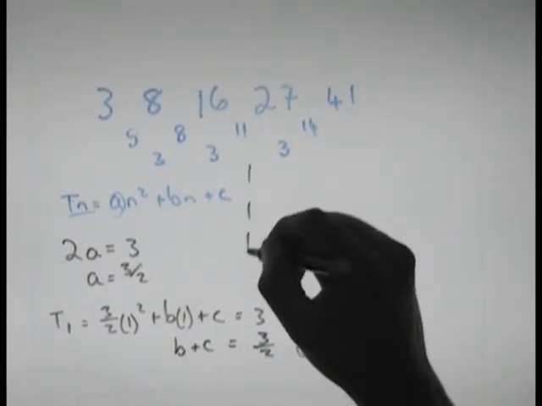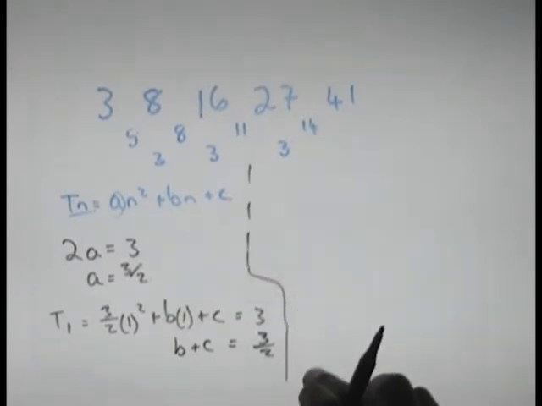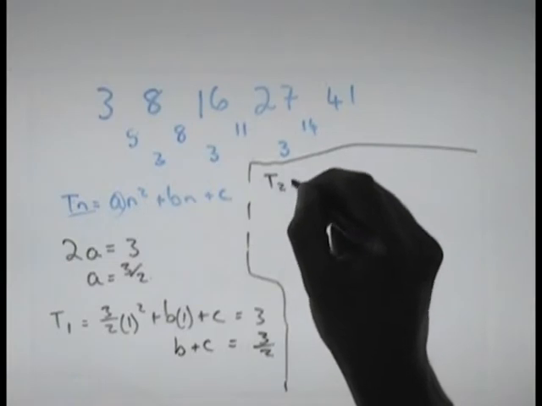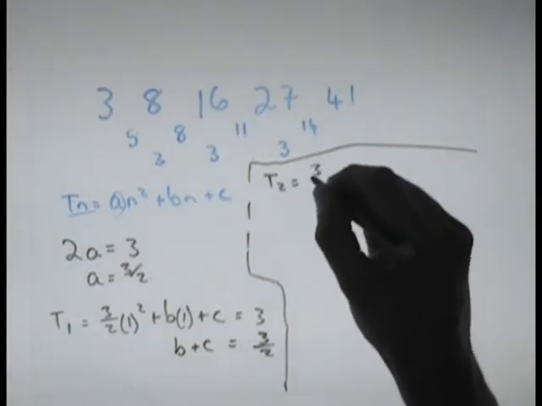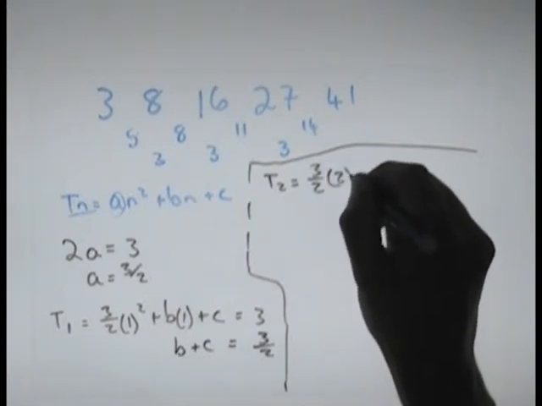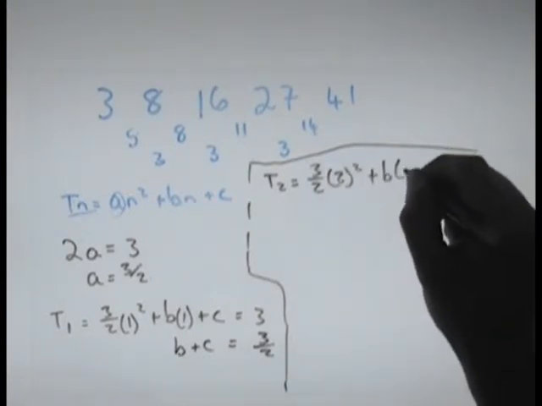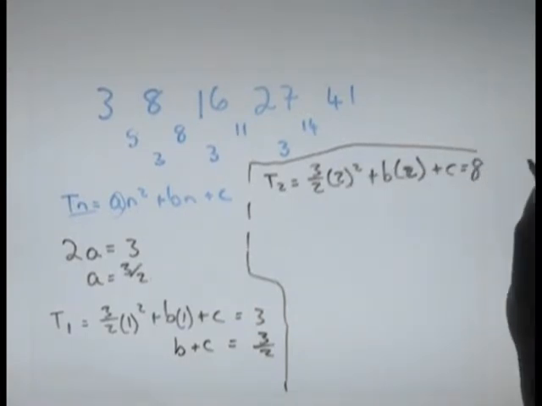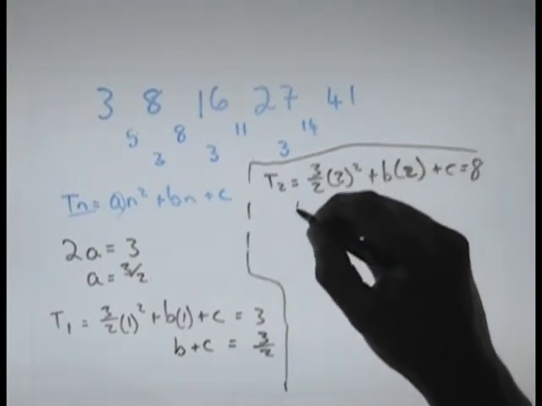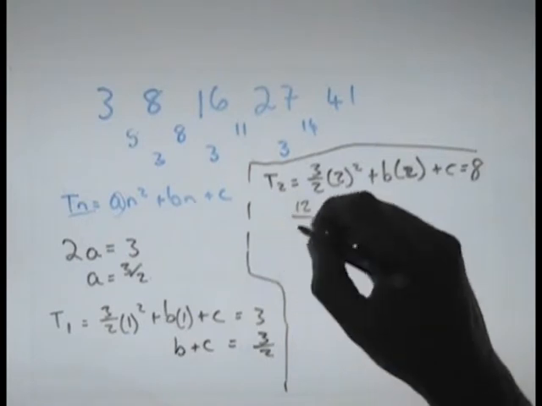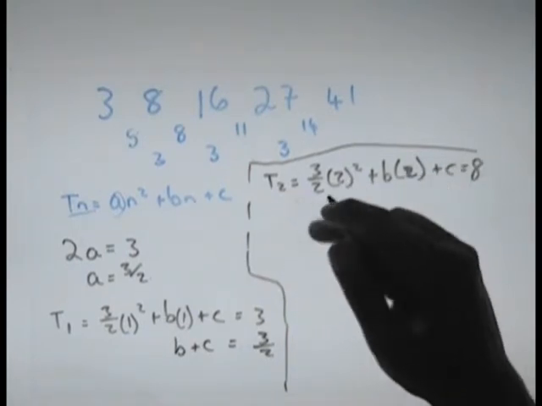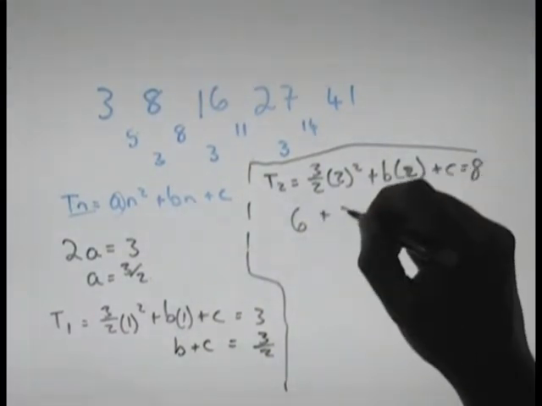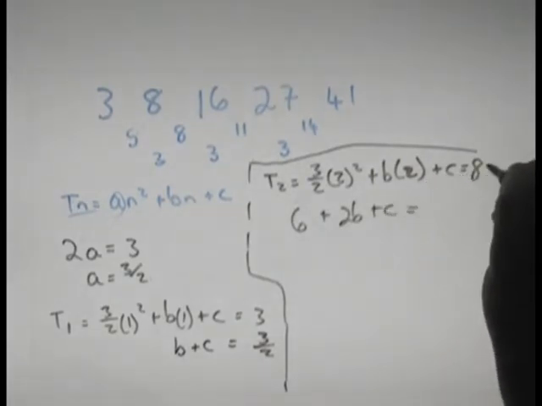To get our second equation, we're going to say that term 2, which is equal to an squared plus bn plus c, term 2 is equal to 8. 2 squared is 4 times 3 is 12 over 2, which is equal to 6, plus b times 2 is 2b plus c is equal to 8.